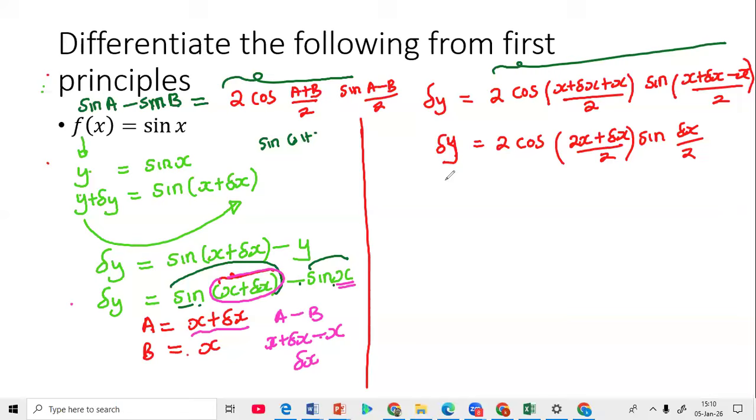Members, when we reach here, this is where we bring in the limits.